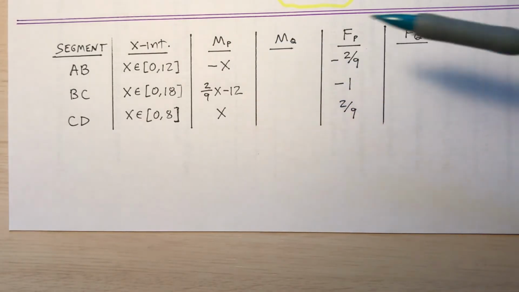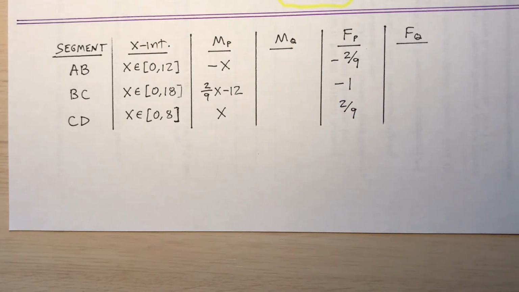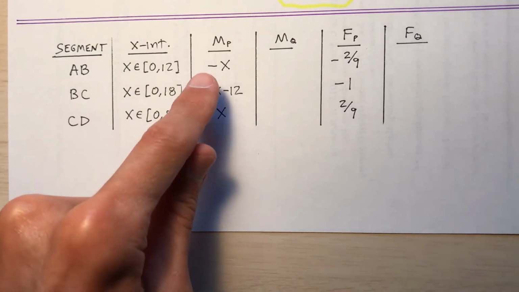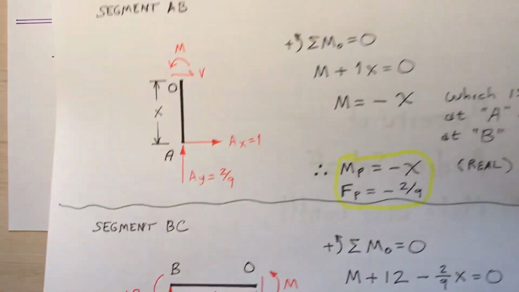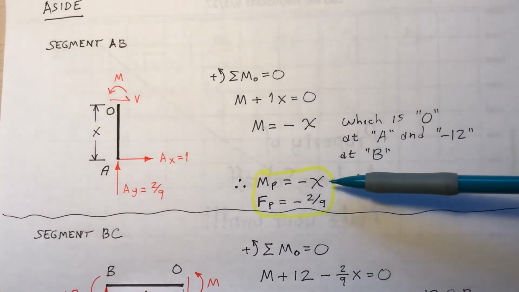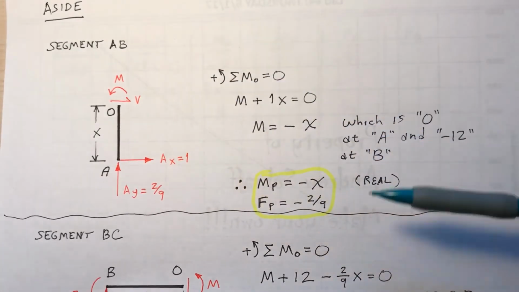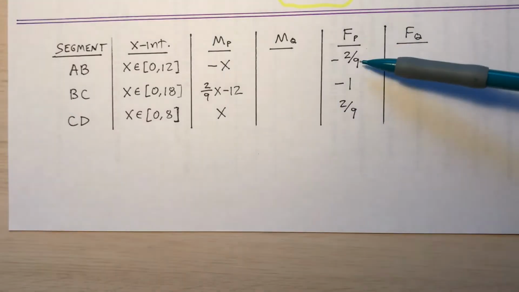Okay, so the M sub P part, P is the real, remember that? For segment AB, M sub P is negative x. Remember this? M sub P is negative x for segment AB. F sub P, negative 2/9, got it.